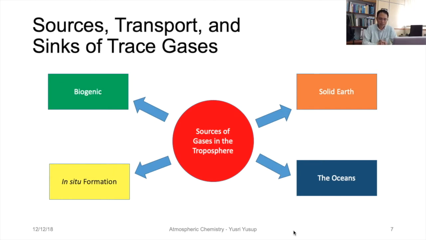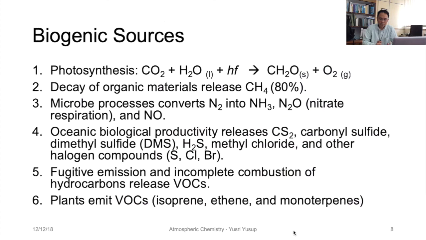Now we start out with the biogenic source. Well, the first source of gas is the photosynthesis process, where carbon dioxide is combined with water in the presence of photons, or energy, hν, that comes from the sun to form CH2O, which is a simple monomer of glucose or a simplified part of the glucose, and also releases oxygen gas.